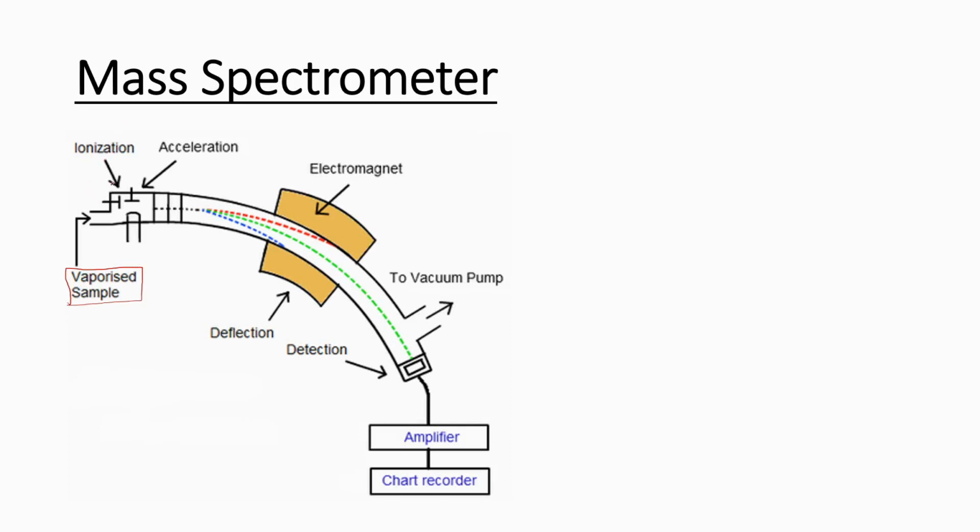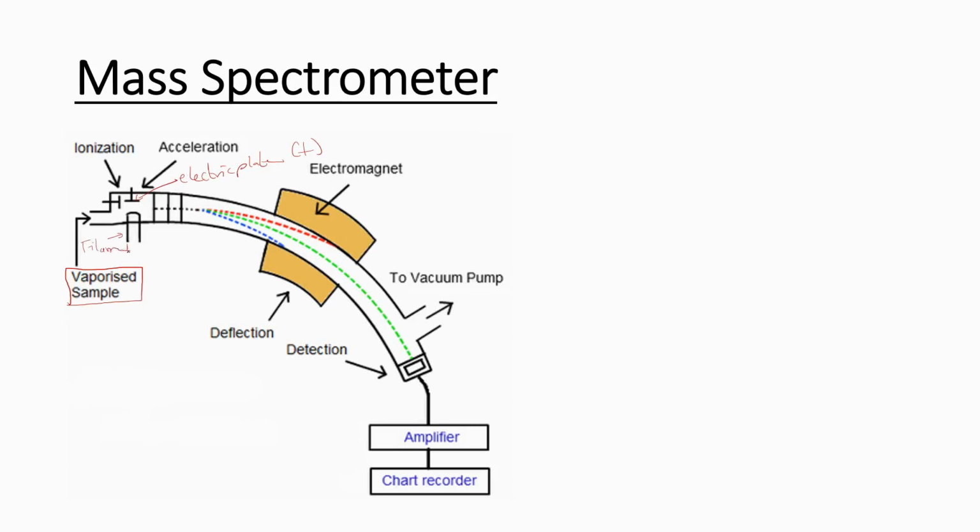Then we have the ionization chamber, and you can see that there. In this chamber, you basically have an electric plate. You can see that electric plate. That electric plate is positively charged. We have here also a filament.